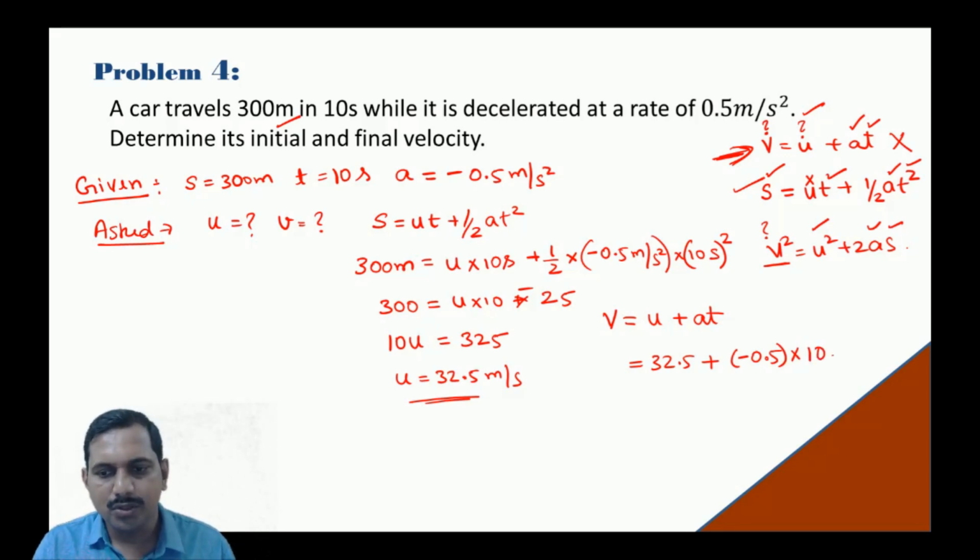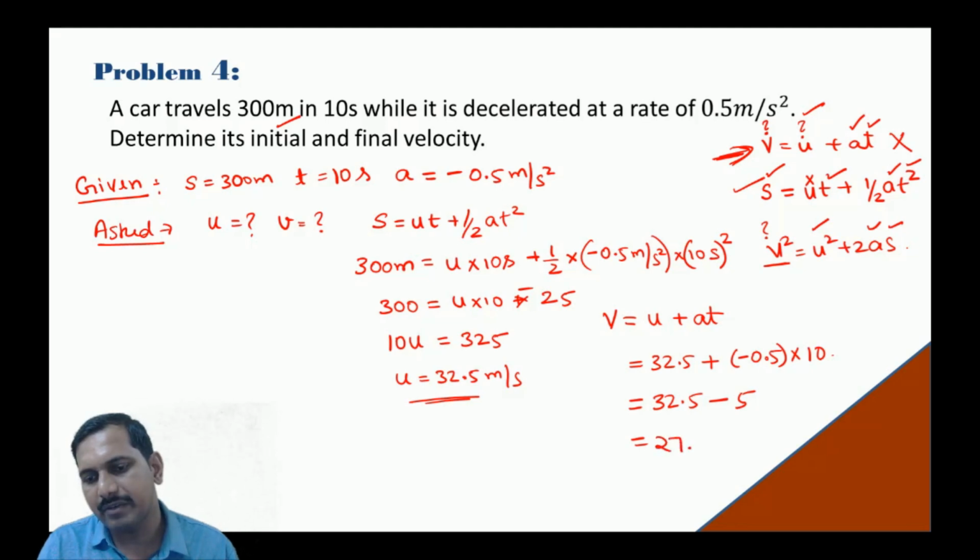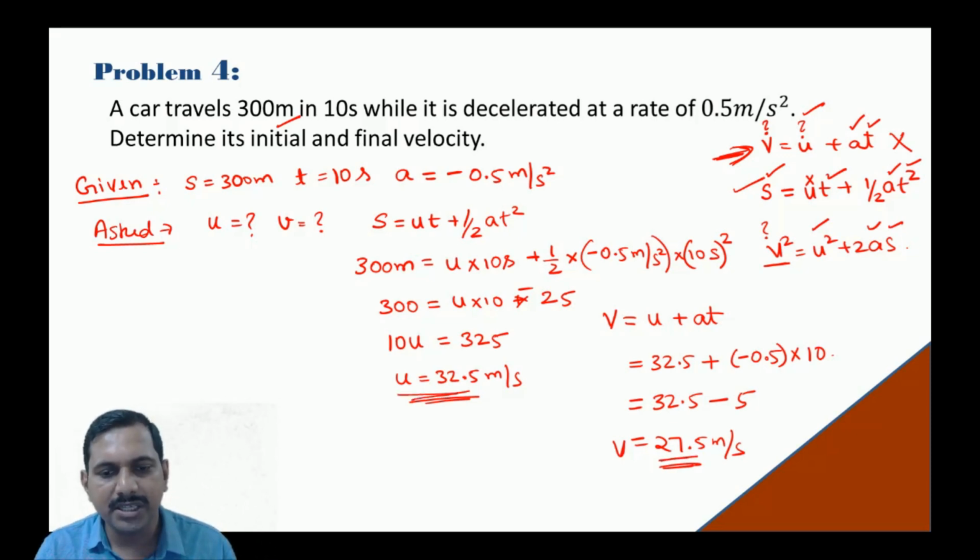So this would be equal to 32.5 minus 5, which is equal to 27.5 meters per second. So we have found u = 32.5 and v = 27.5. That means initially it is starting with higher velocity, and because of deceleration it is reducing in speed.